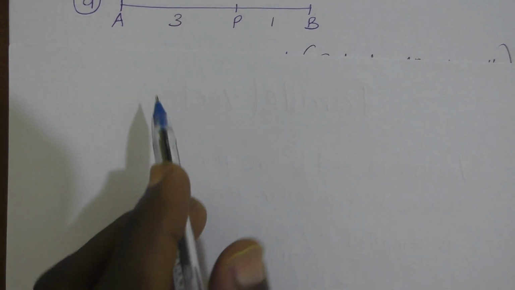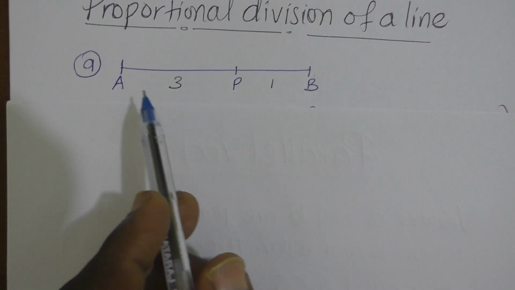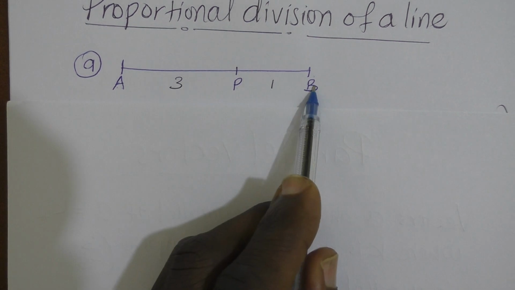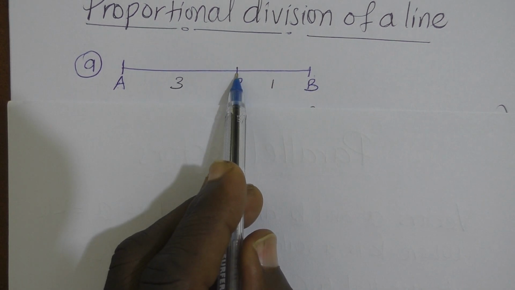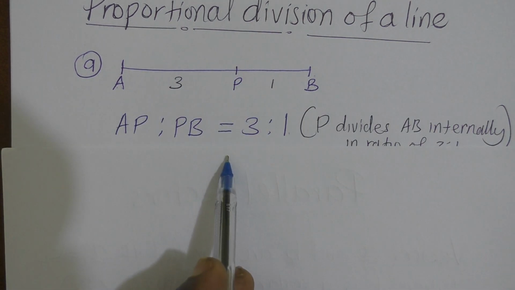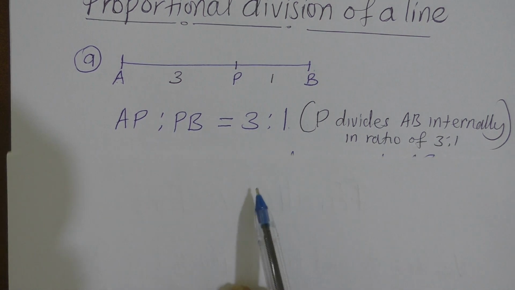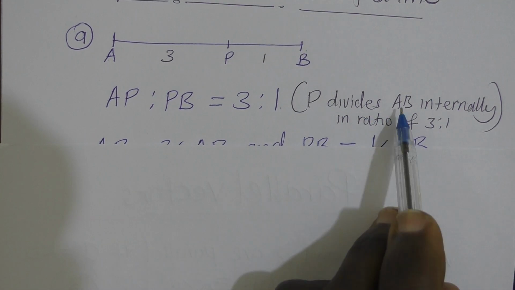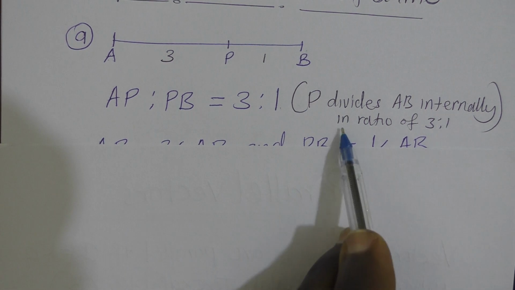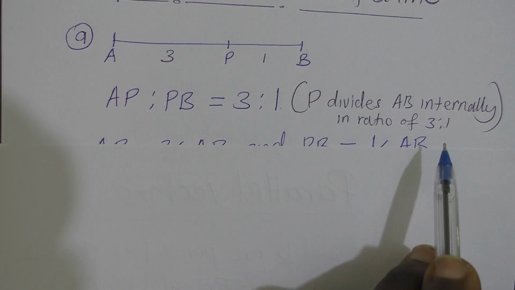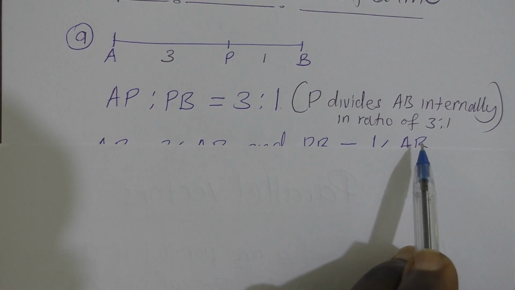We have a straight line which is AB, with a point P dividing it in a certain ratio, which we are given as 3 to 1. And we are told that P divides AB internally in the ratio of 3 to 1. What do we mean by the word internally?